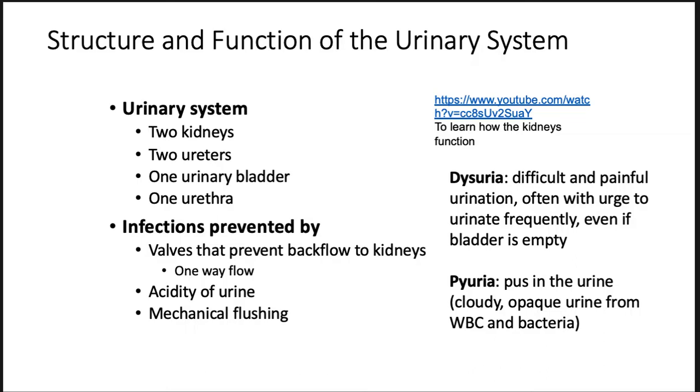Infections typically are prevented because we have valves that keep urine flowing one way, and there are properties of the urine, in addition to just the mechanical flushing of the urine, that help to get rid of bacteria that have started to colonize the urethra. So this is why staying hydrated and having frequent urination is important for your urinary system. Of course, staying hydrated is important for your whole body.